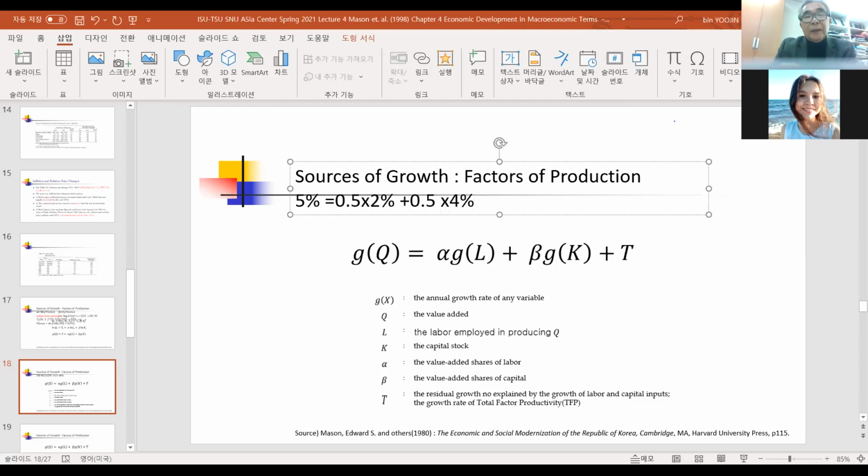Okay, then to make this identity hold, 2%, 1%, T should be exactly 2%. What does that mean? What am I saying to you? This T should be, to make this identity, right? 2%, 1/2 of 2%, 1%. 1/2 of 4%, 2%.